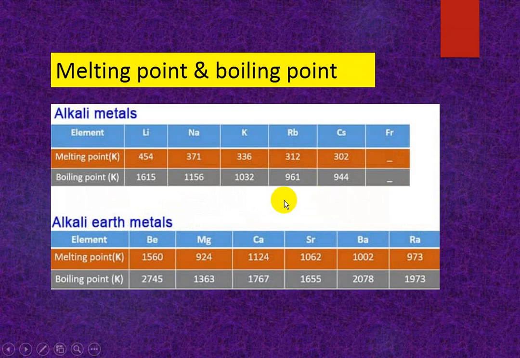So today's main point is melting points and boiling points. You know this definition. What is melting point? The melting point is the temperature at which a substance starts to melt, overcoming the pressure of the region.